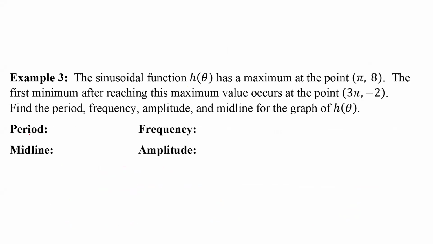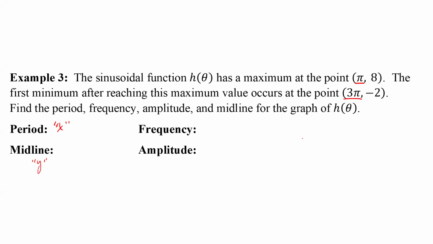When you're analyzing the period, you are using your x values, how your x is changing. Make sense? When you're looking at your midline and amplitude, that's vertical motion, correct? And because that's vertical, we're analyzing it based off of our y values. Got it? Period is horizontal, which are your x's, and midline and amplitude are vertical, which are our y's. So to find our period, we're going to look at our x values.